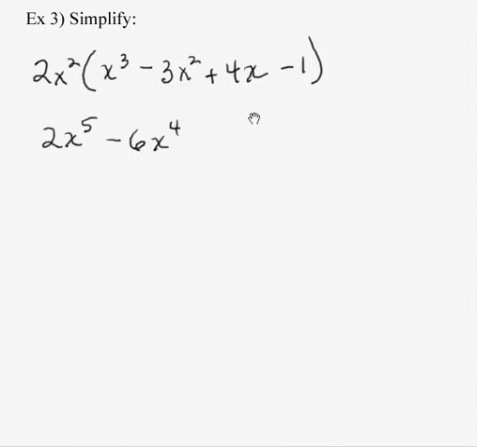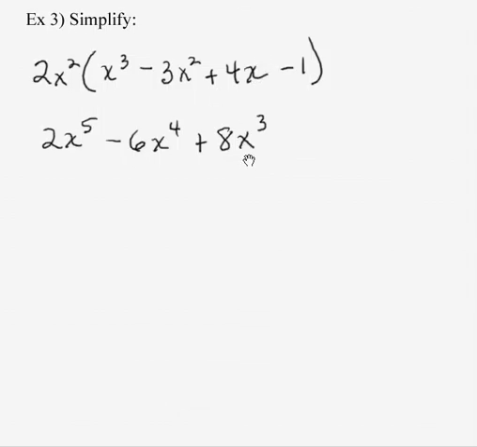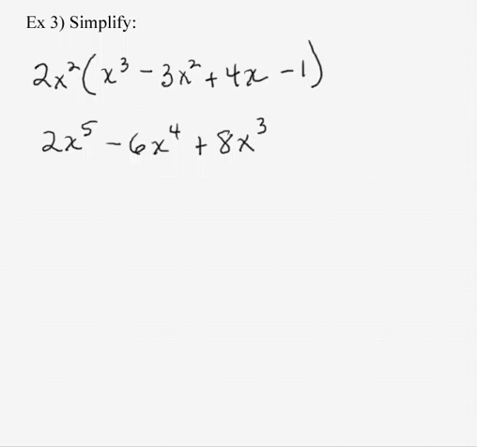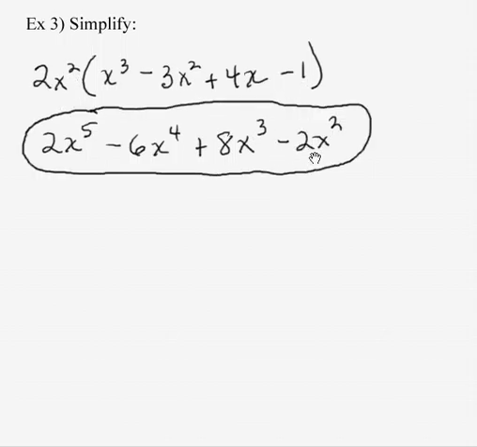The next term is going to give me 2 times 4, which is 8. X squared times x to the first, we keep the x and add the exponents. 2 plus 1 is 3. And then my last term, negative 1 times 2x squared is negative 2x squared. I check to see if there's any like terms. There's not.